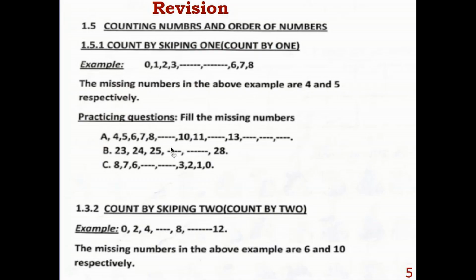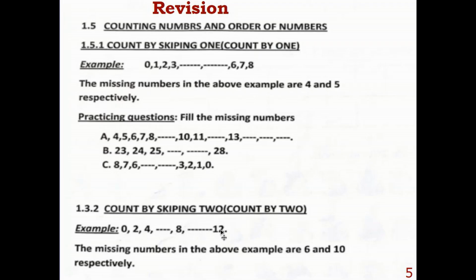And here also we have seen some examples of skip counting. When we say count by skipping 2, or count by 2, it means there is a gap of 2 between two consecutive numbers. 0 to 2, 2 to 4, 4, what next? 6, 8, and 12.